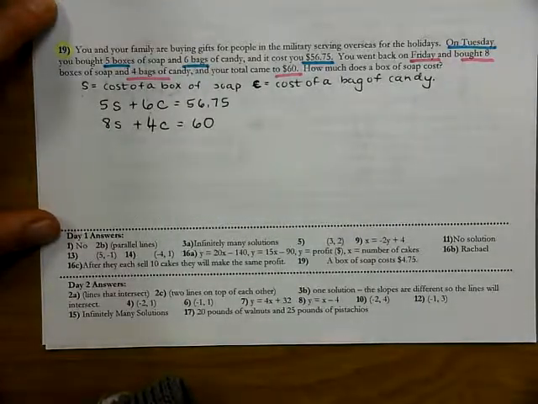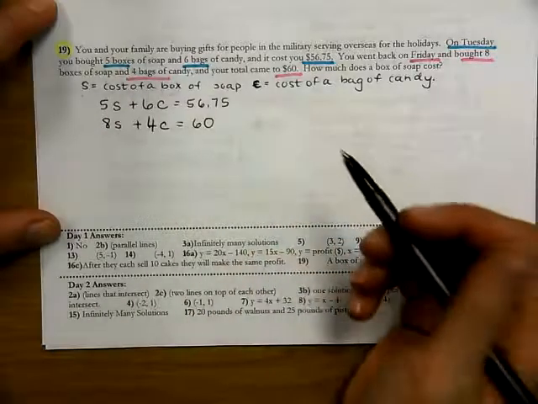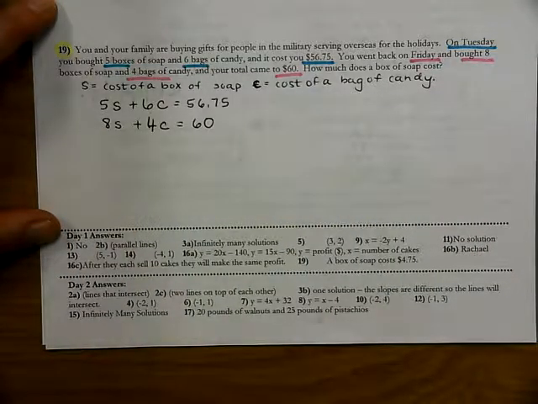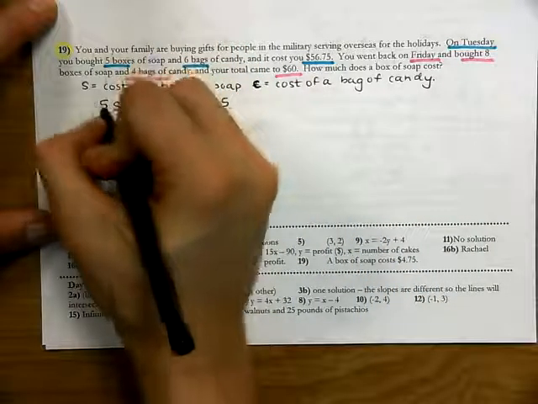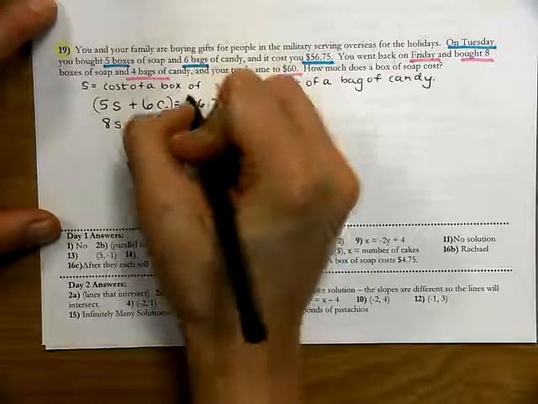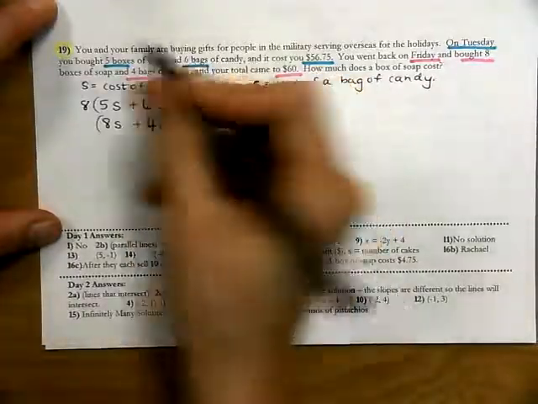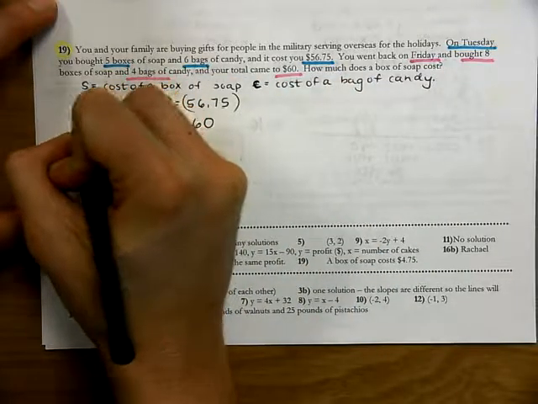And now I can solve this system in order to answer the question. Here, because they're both in standard form, I'm going to use elimination. So I'm going to multiply the top equation by 8, and I'm going to multiply the bottom one by negative 5.